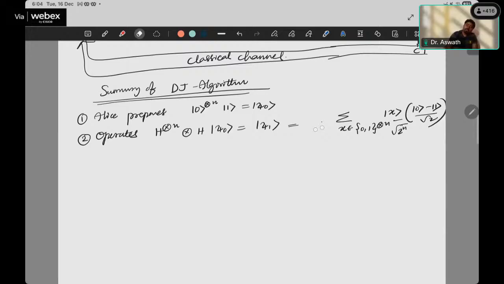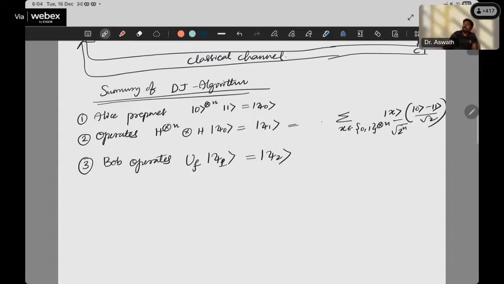Now Bob operates the unitary function on psi 1 to get psi 2.